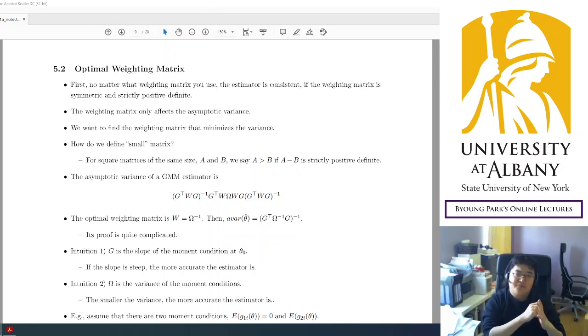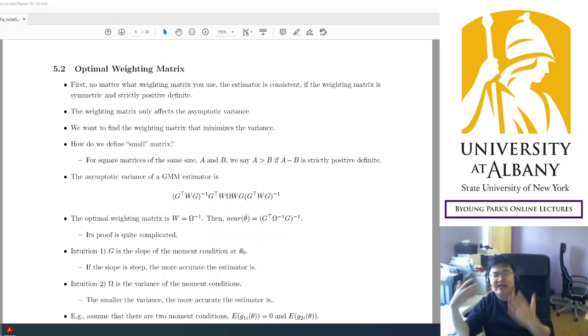In that case, putting more weight on the more informative moment conditions helps the efficiency of your estimator. Because of these 2 reasons, your estimator will always be consistent whatever weights you choose. However, if you can efficiently use those assumptions, your estimator will be more accurate and will have smaller variance.